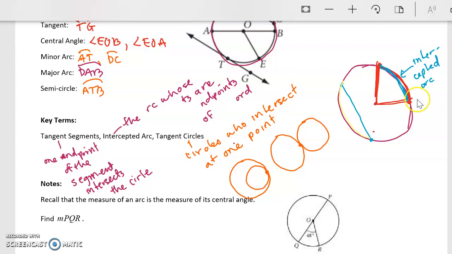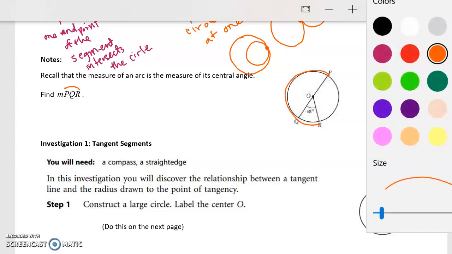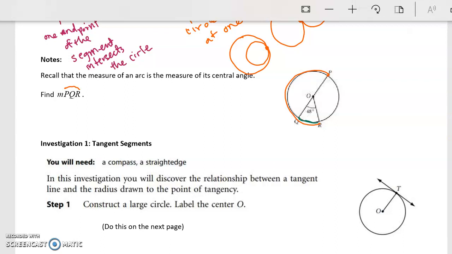I also want us to remind ourselves, and we did this in chapter 1 too, that the measure of the arc is the measure of its central angle. And that the whole circle always adds up to 360. Okay, so we want to find the measure of arc PQR. So here's PQR. Arc QR is intercepted by this angle, and this angle has a measure of 48 degrees.